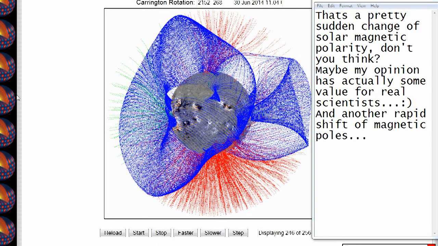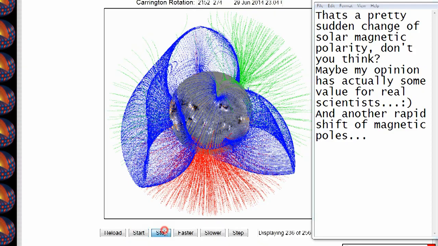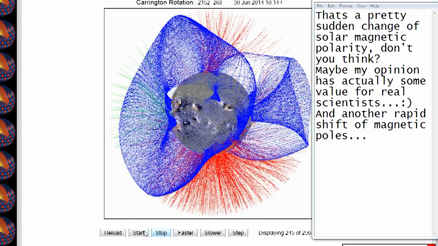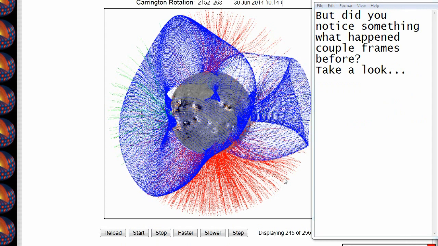And another rapid shift of magnetic poles. But did you notice something that happened a couple of frames before? Take a look.